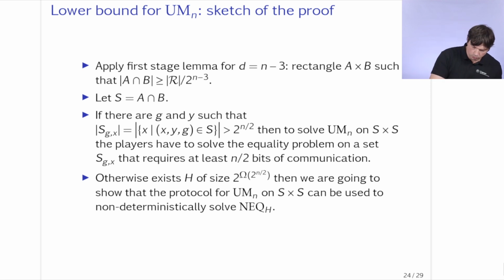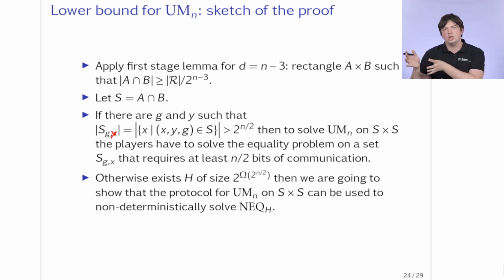That should be y. And then we can force the player to solve equality on that set by simply fixing g and y on their side, varying the x, and that will force the player to solve the equality problem.